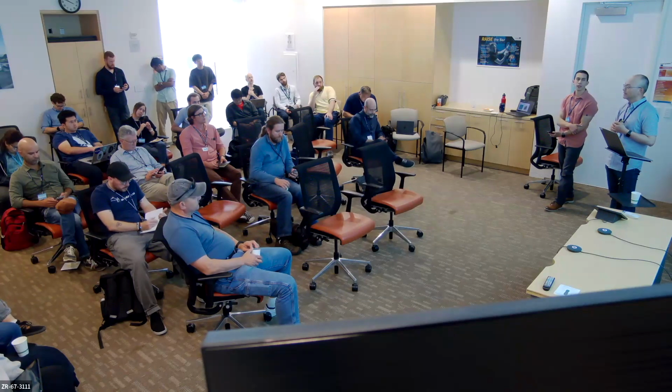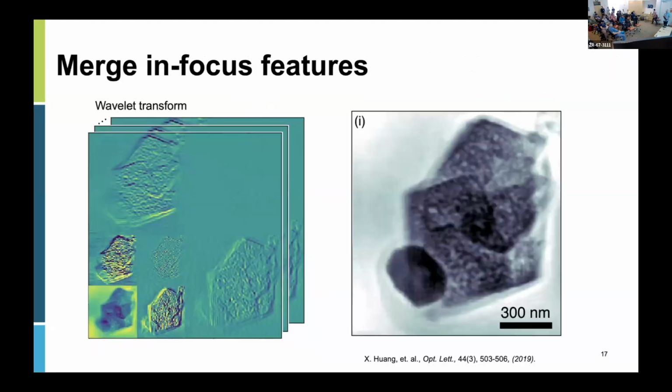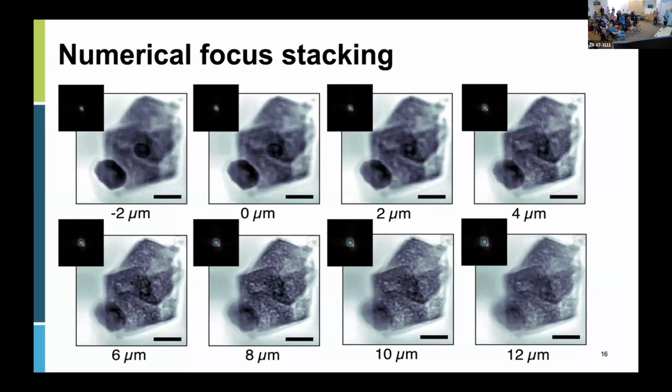I would say we apply different physics principles. Because in this method specifically, with this focus stacking, the overlapping constraint provided by ptychography gives us the opportunity to realize this numerical stacking.